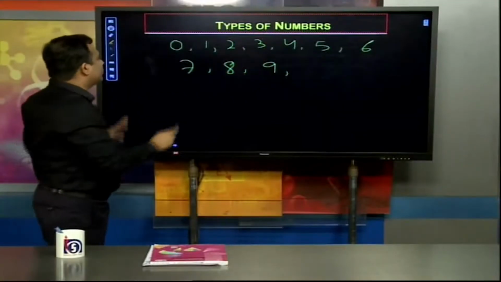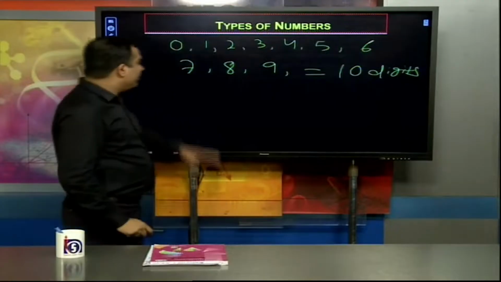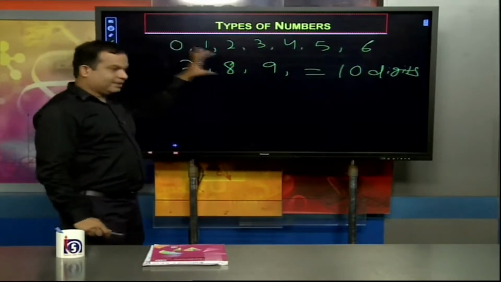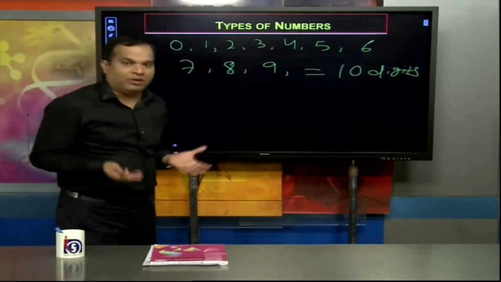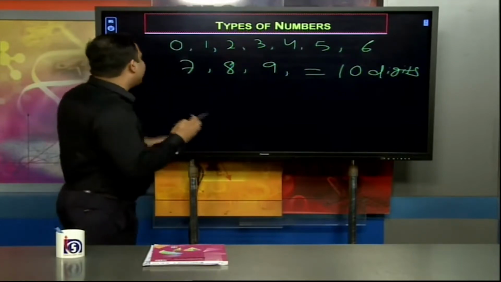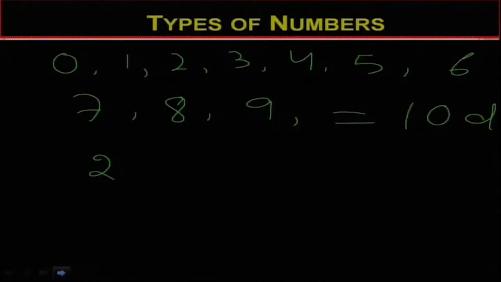There are 10 digits in total. All digits are numbers. But when we arrange them, suppose 2 is a digit, 3 is a digit, and 5 is a digit.